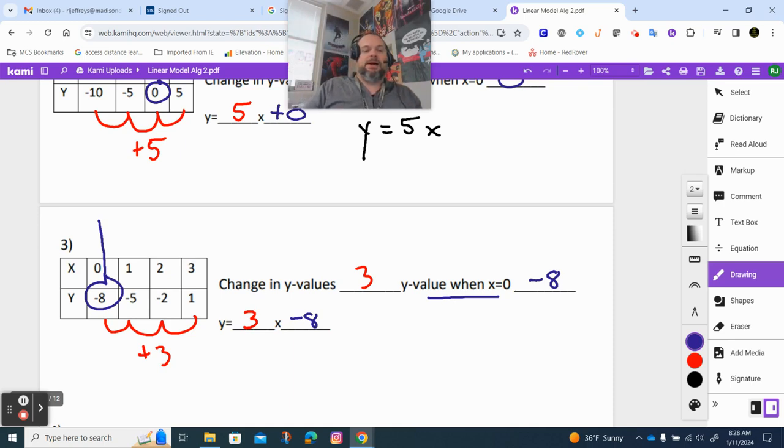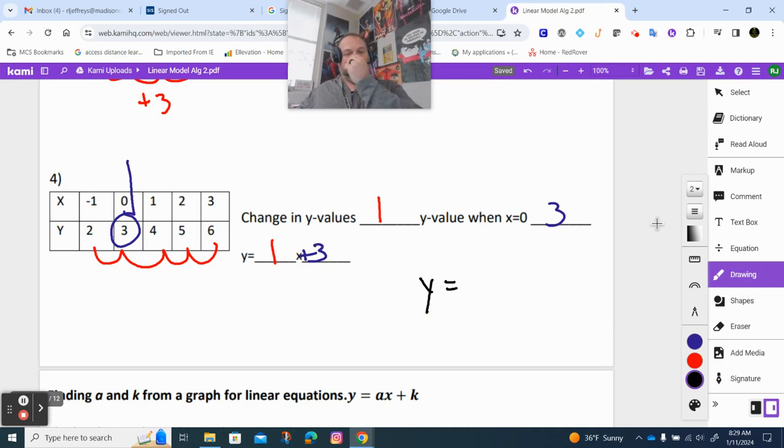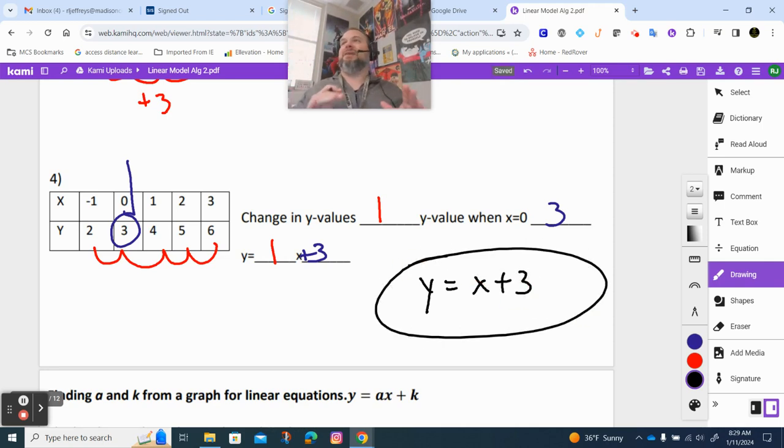Okay. All right. And number 4. Number 4 is probably the hardest one in the whole paper. What's our change in y values? What's our y value? 3. All right. So you could write it like that. Yeah, you'll have to put the plus or the minus, because that's how I have it set up.